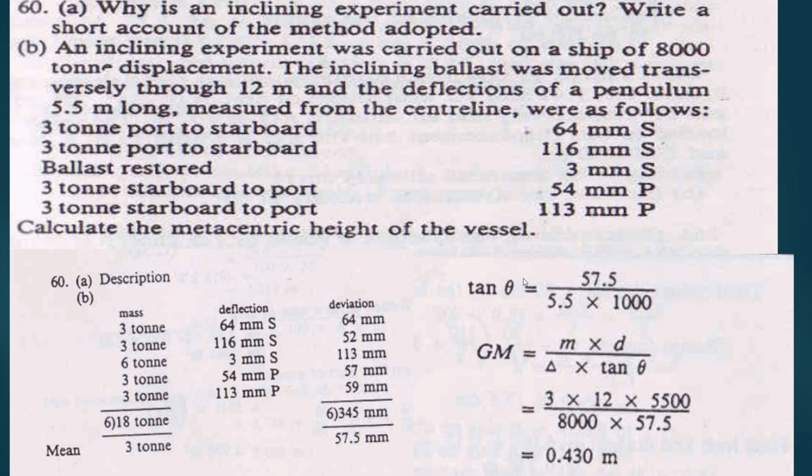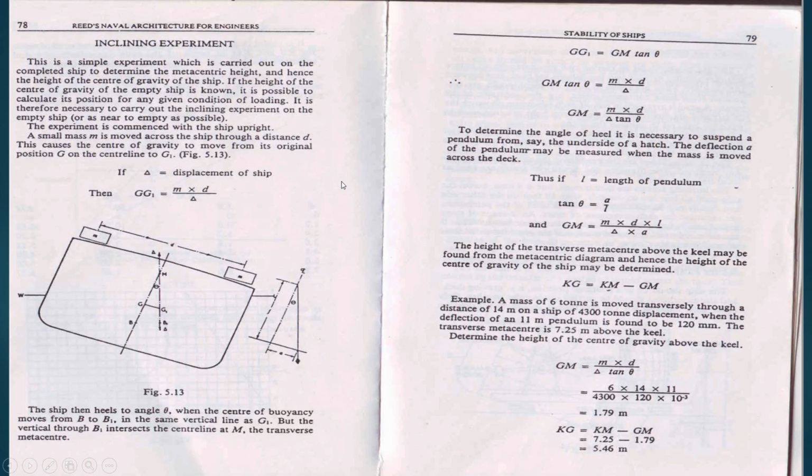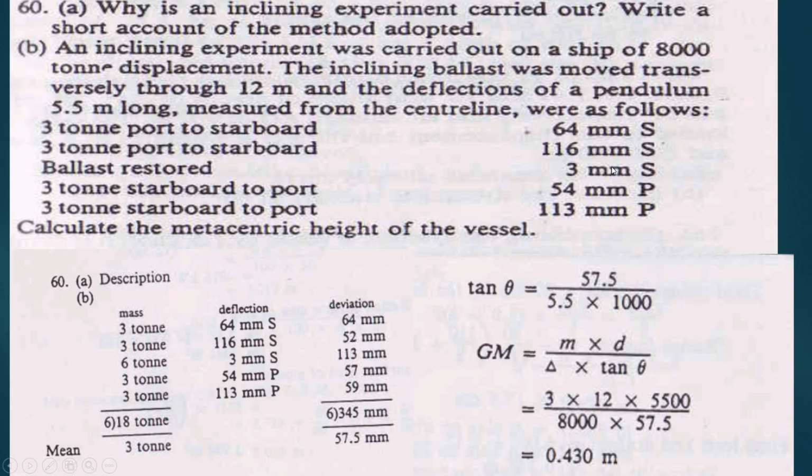So here we are taking tan theta is equal to A by L. It's a formula. As you know, tan theta is equal to A by L. We take this formula and apply it to the numerical. So the average deviation is 57.5, and we write it over here. And L is the length of the pendulum, so 5.5 meter.